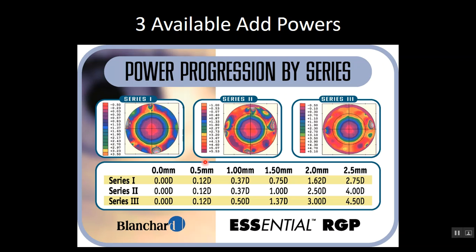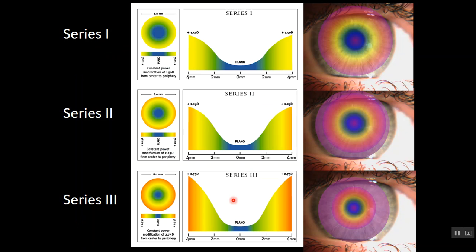So what you find is as you go from series 1 to series 2, you're increasing the add. Series 2 to series 3, again increasing the add even more. You're pushing more plus within a smaller area of the pupil. And that can be seen here, where the series 1 has this wide blue zone, this wide distance area going up to a 1.5 diopter add at a 4 millimeter pupil.